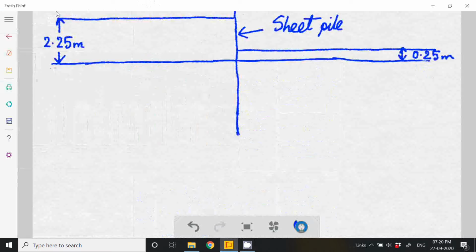Now this 2.25 meter is the head of water on the left, and 0.25 meter is the head of water on the right.